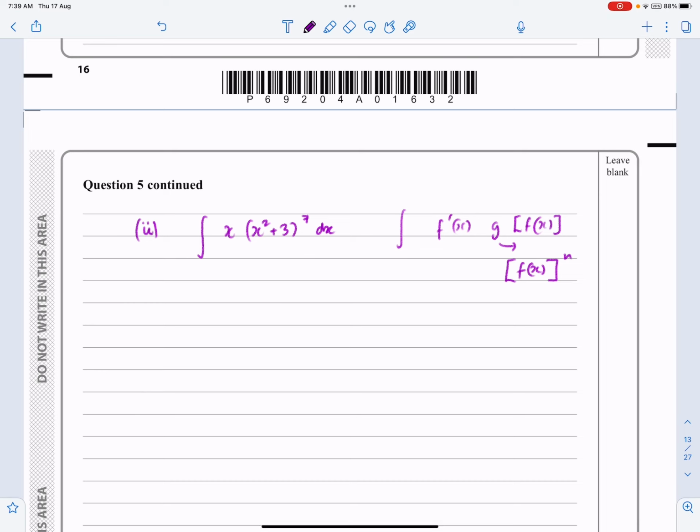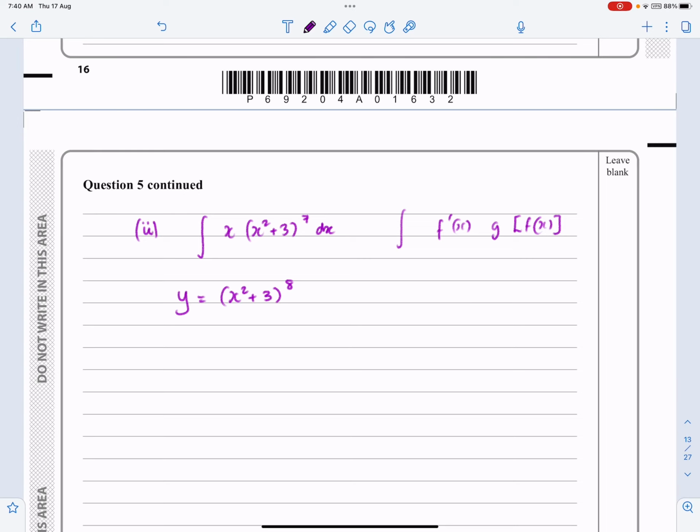Quite often it is f of x all to the power of n. As soon as I see that format, that gives me the license to say, just like I did with the last one, I'm going to guess what I must have started off with as my y, that when I differentiate ends up with this. The only possibility is x squared plus 3 to the 8.